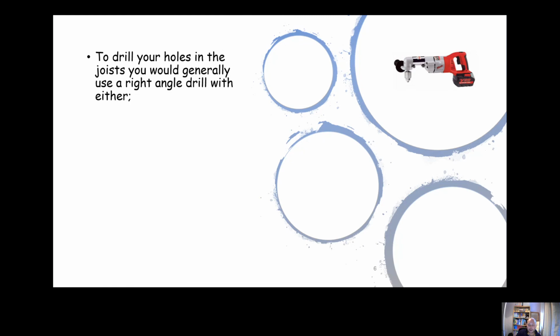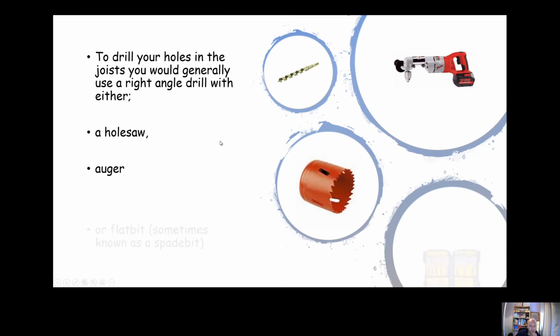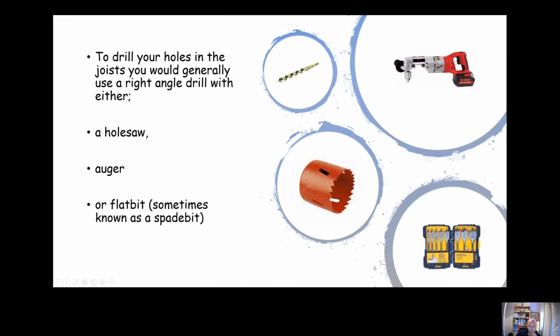A useful bit of kit to help with drilling would be a right angled drill, to drill through the joists and have the space to do that. You might use a hole saw, but you're more likely to use either an auger or a flat bit, sometimes known as a spade bit. I always used to call them a spade bit.